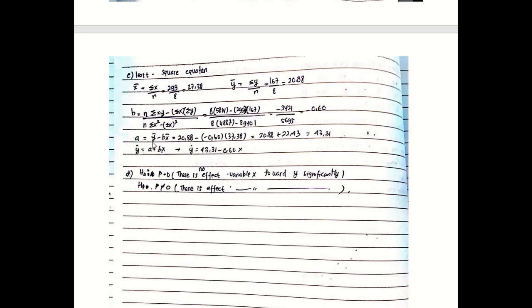Then we calculate a, whose formula is y bar minus b times x bar. Y bar is 20.88, minus b, which is minus 0.6, times x bar, which is 37.38, and we get 43.31 for a. Next, the equation is y equals 43.81 minus 0.6x, from y equals a plus b times x. So we get part D.